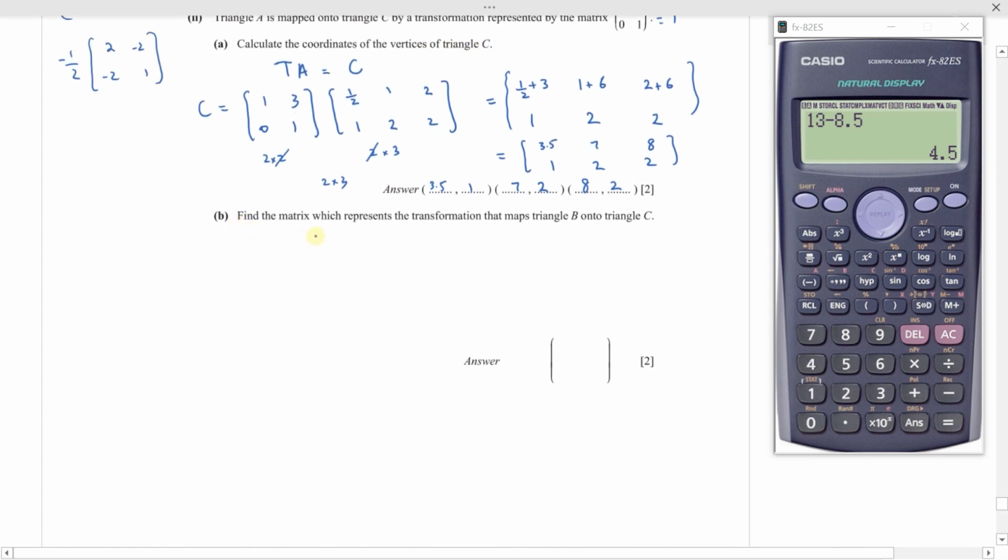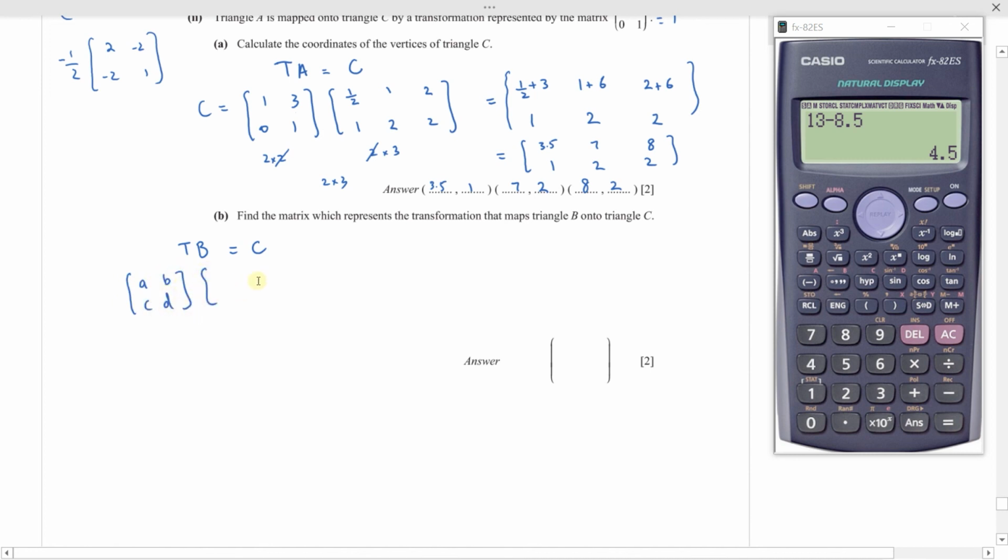Part B is: find the matrix which represents the transformation that maps triangle B onto triangle C. That means when transformation T is applied to triangle B, you should get the image, triangle C. Let's call this transformation matrix (a, b, c, d), which is the unknown.